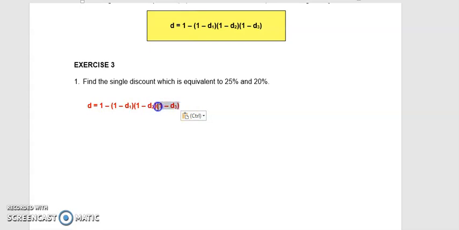Since we only have 2 discounts, so up to 1 minus D2. So D equal to 1 minus 0.25 multiplied by 1 minus 0.2. So how many percent?